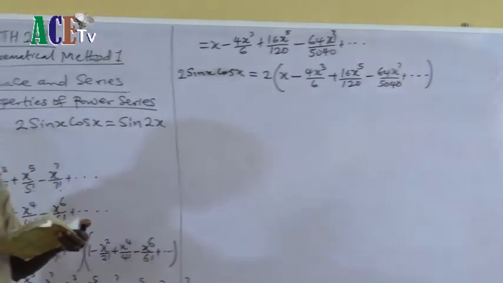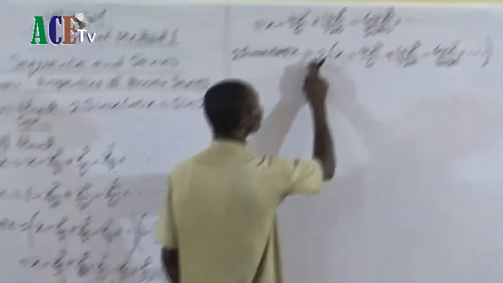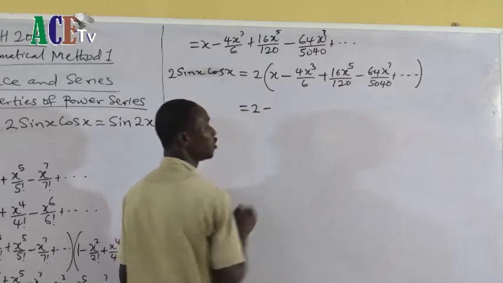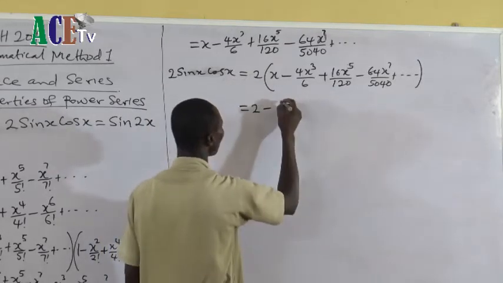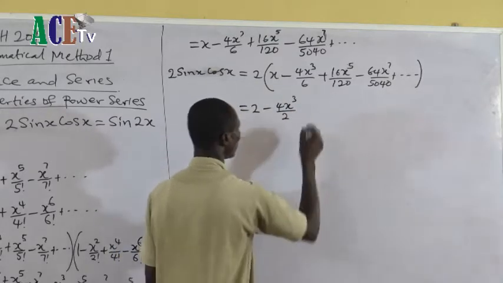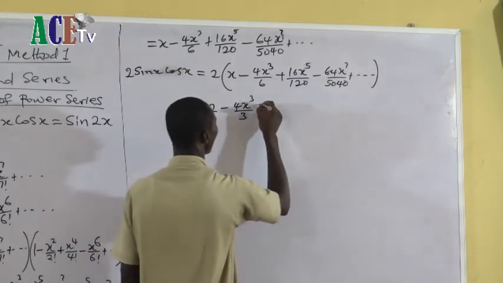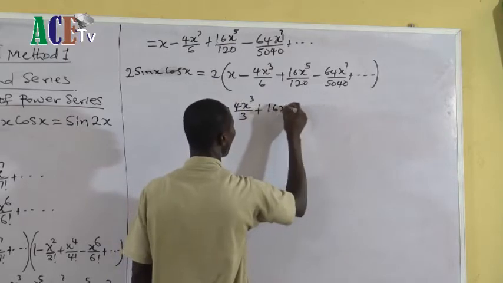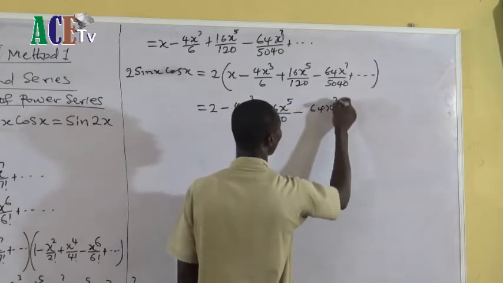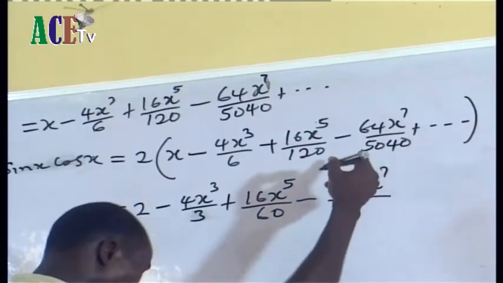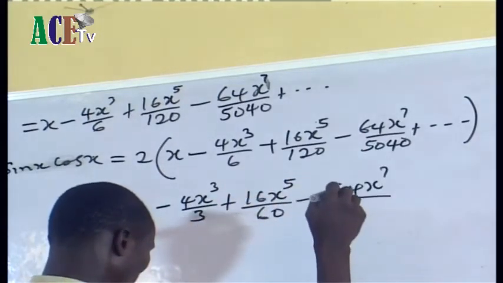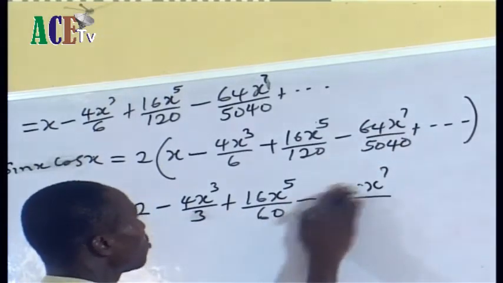So after that, if I use these two to open this bracket, I will get 2 minus these 2 and this 6, they give me 4x raised to the power 3 over 3 plus, by the time I multiply it, I'll get 16x to the power 5 over 60 minus 64x to the power 7 over, okay, let me multiply directly.